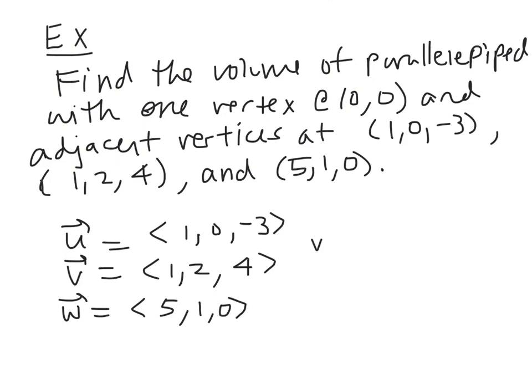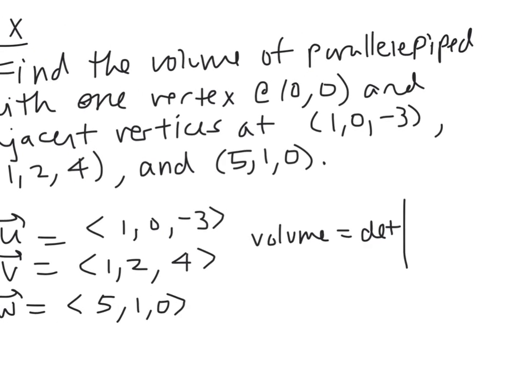And this should tell us that the volume is the determinant of the following 3 by 3 matrix, where we just put each vector as a column. So I want you to pause the video now and compute the determinant to see what the volume is equal to.